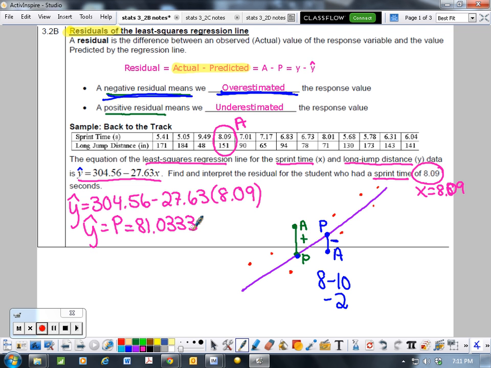Now when I'm calculating that residual, what I need to do is take that actual value, 151, and subtract my predicted value. And I get 69.9667. This is a positive value, which means my predicted value was lower than the actual. So I underestimated.